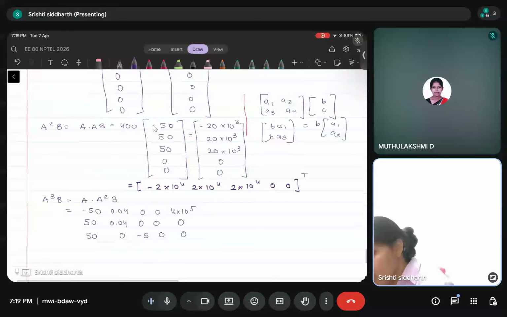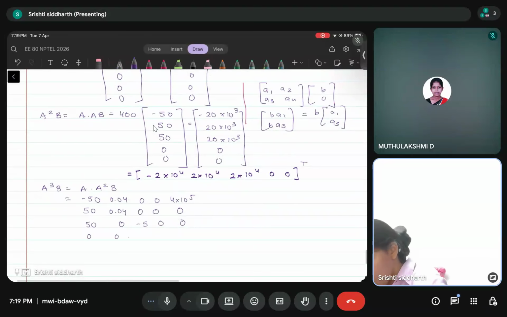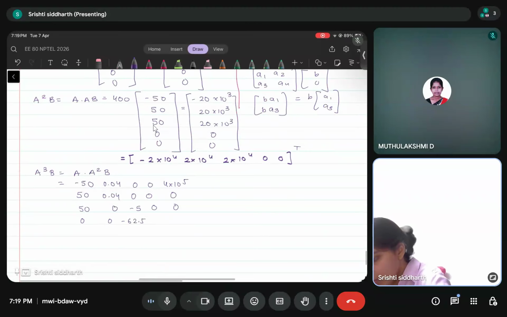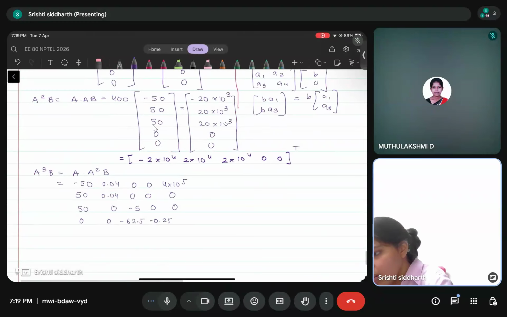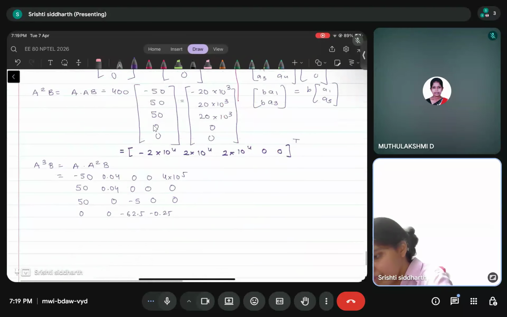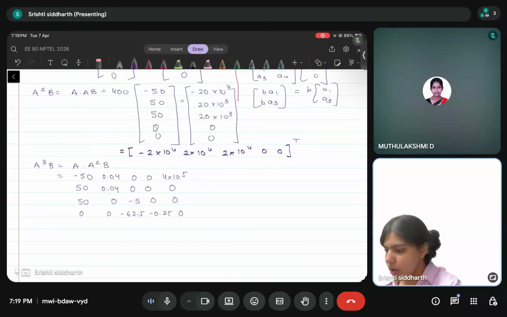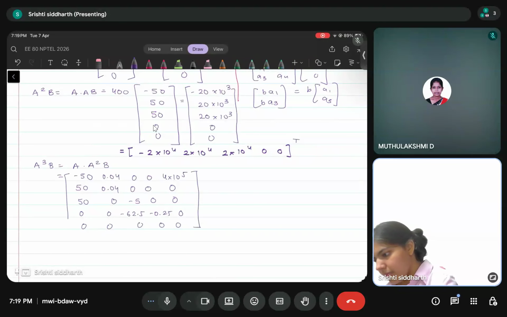And 0, 0, minus 0.25, and 0. The last row of A is always 0. Then A squared B is minus 2 into 10 to the power 4.